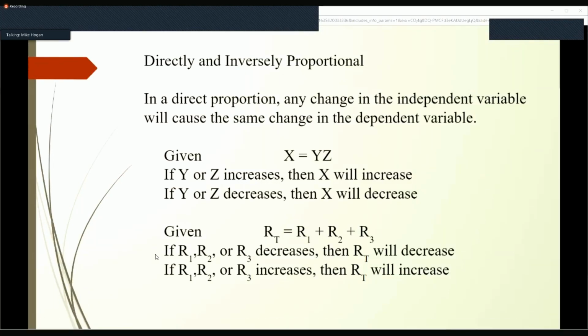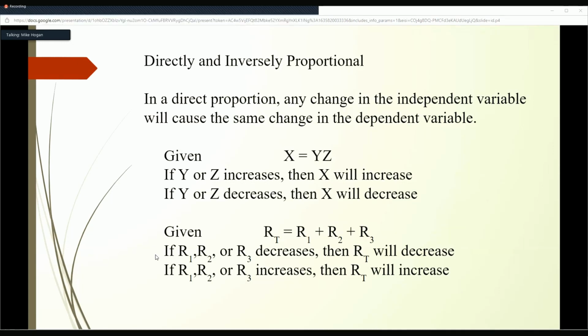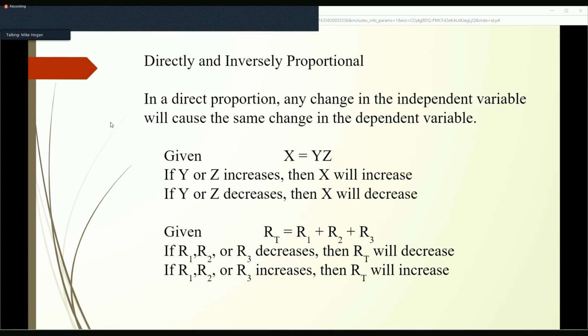As you're going through this session one, you're going to see one area that talks about proportions, especially when we're looking at Ohm's law and the three components: voltage, that potential difference; current, that intensity of flow; and then resistance.